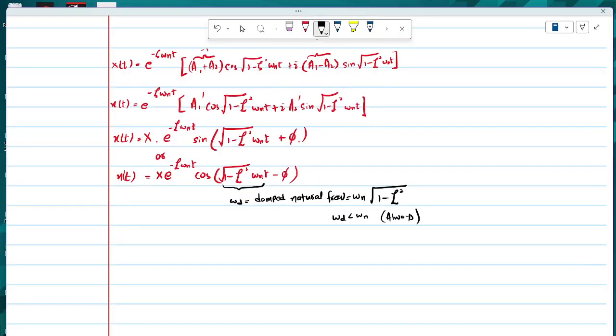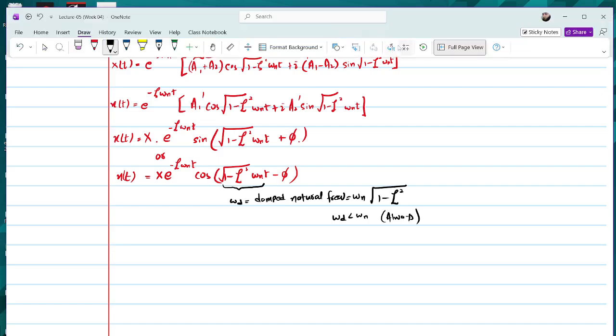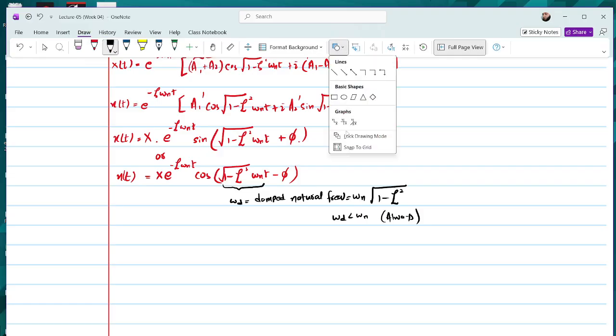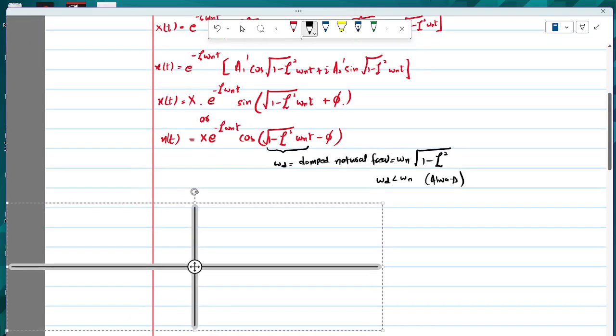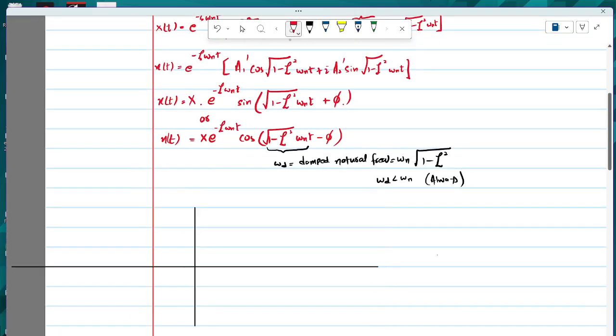But if you draw the vibration pattern of a damped system, let's say it starts vibrating from here.